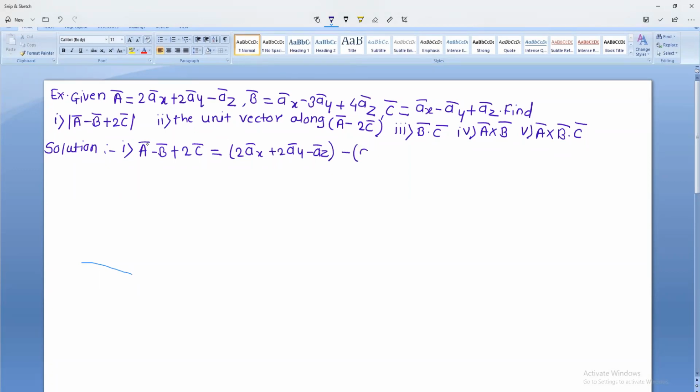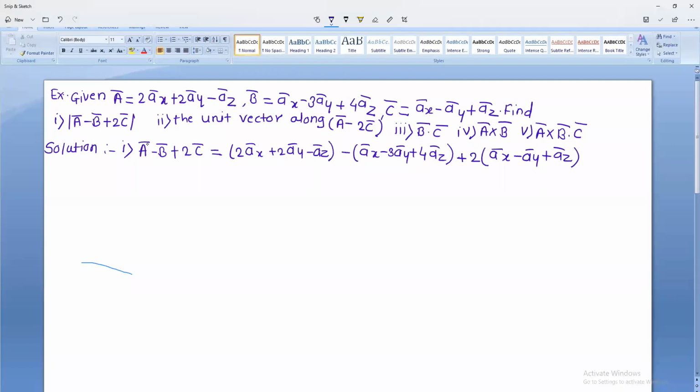Now b bar is a bar x minus 3a bar y plus 4a bar z, and plus 2c bar, where c bar is a bar x minus a bar y plus a bar z.